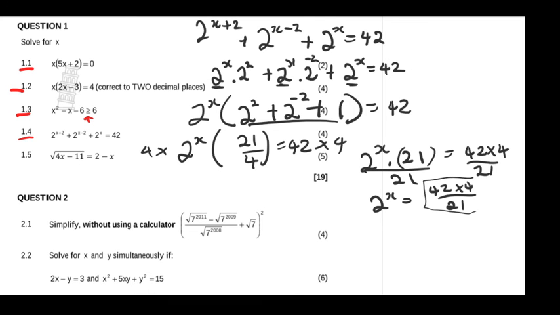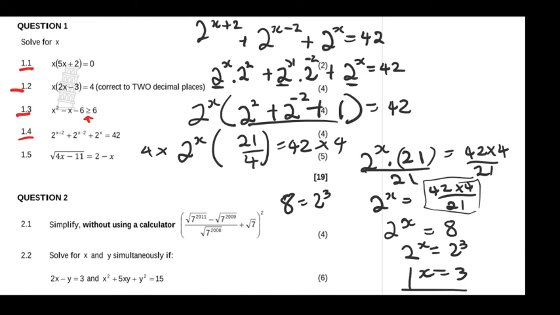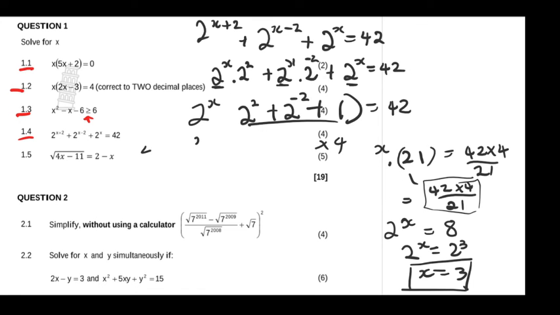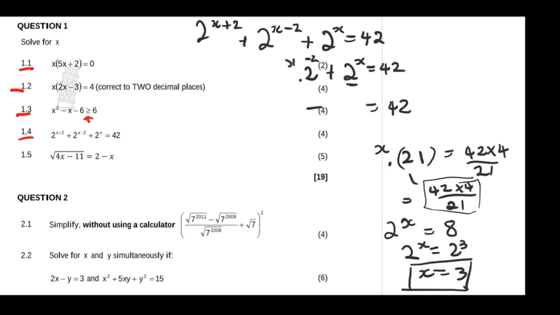Punch this in your calculator and you'll get 8, right? But you know 8 is equal to 2 to the power of 3, right? So it's 2 to the power of x equals 2 to the power of 3, and therefore x is equal to 3 because you're going to drop the exponent, since the bases are the same. So x is equal to 3 for this problem here. We are done solving this problem. Off to another one.